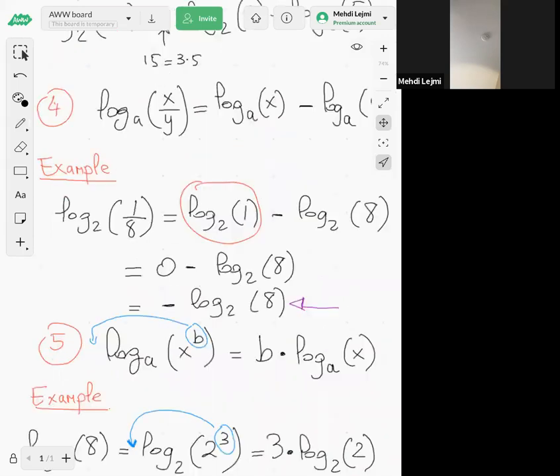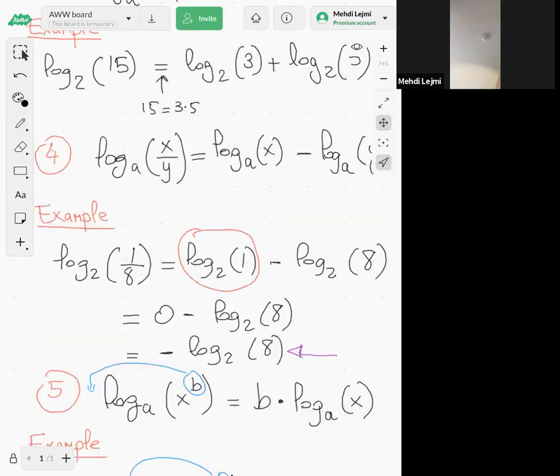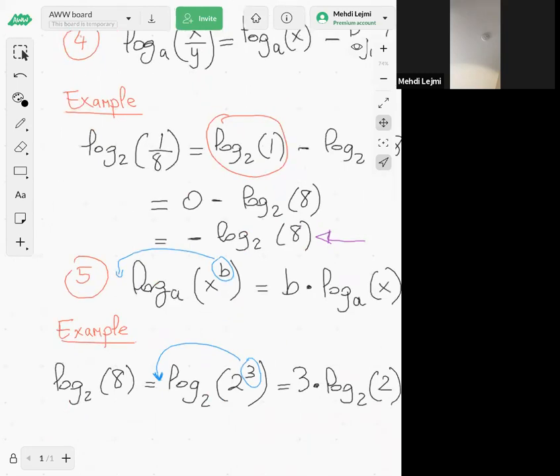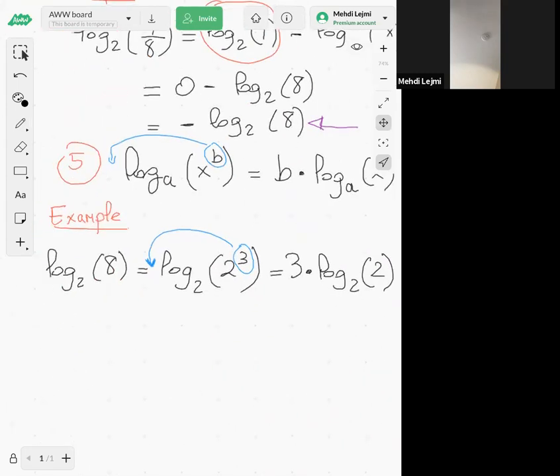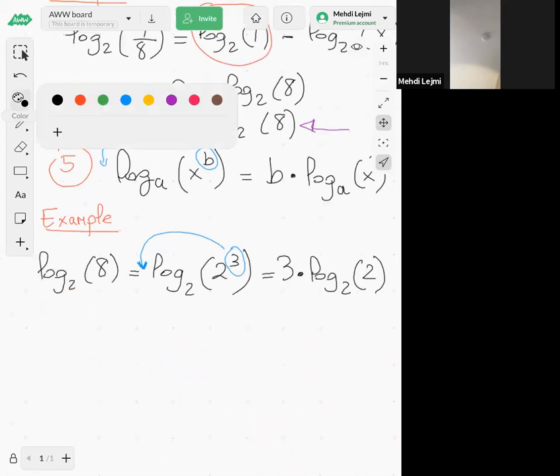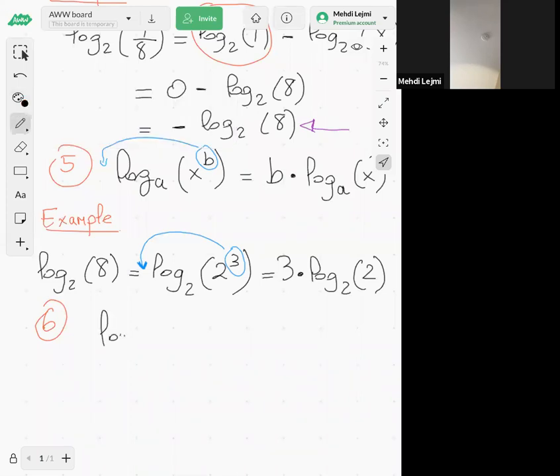We said log of 1 is 0, but if you have a log in base A of A, that's always equal to 1. So if you have a log of some number in the same base, that's equal to 1.